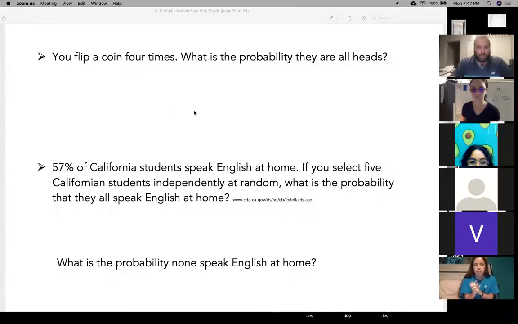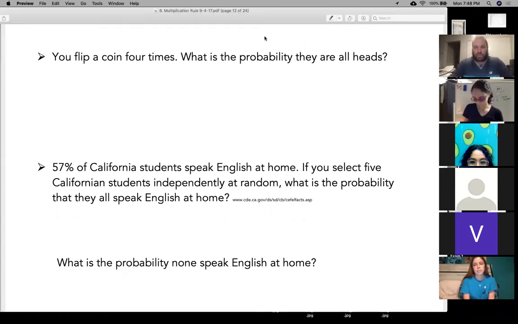Okay, next slide. We are now on slide 12. More examples. It says, you flip a coin 4 times. What is the probability that they are all heads? So first, ask yourself, flip 1, flip 2, flip 3, flip 4. Are they independent? Yes. They have nothing to do with each other, right? There are 4 independent flips.